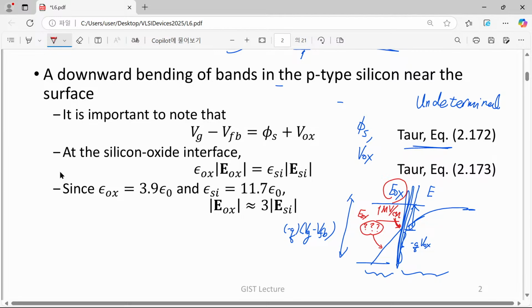If you don't have any net charge density inside your system, your electric field cannot change. So inside your oxide region, the oxide electric field is just one single quantity.